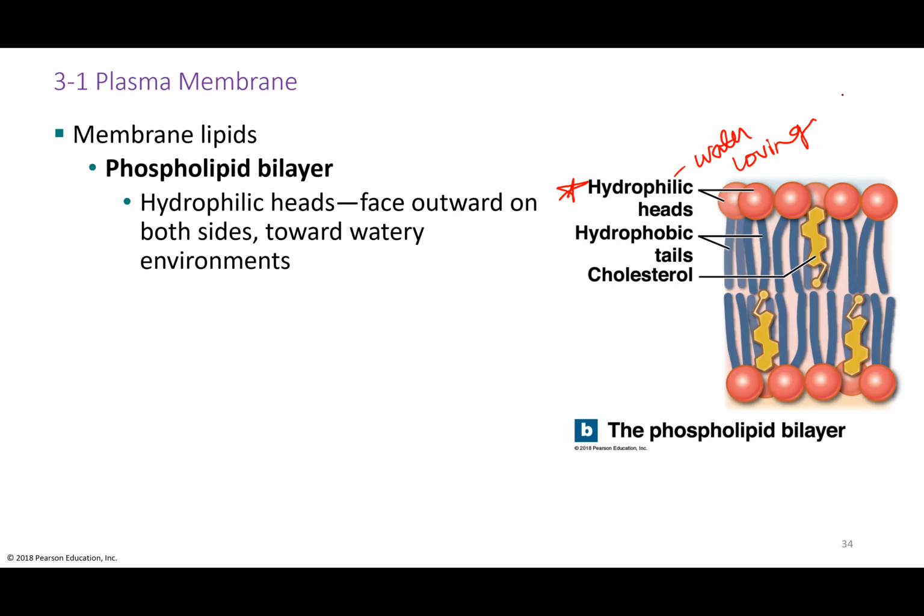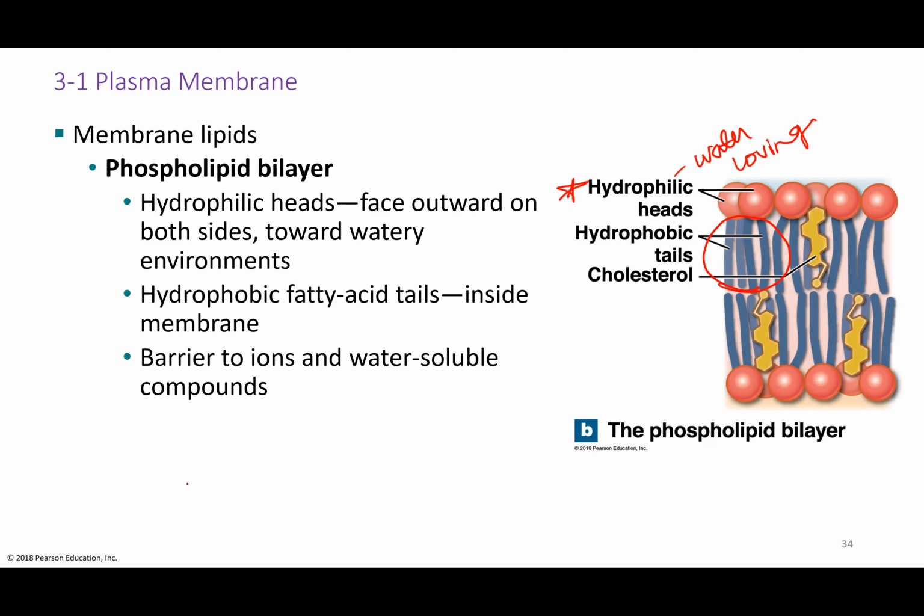So the hydrophilic heads that like water are facing towards the water. Then you have these hydrophobic tails, they're lipids, they repel water. So they're in the center of this bilayer, separated from the water. They form like the inside of your sandwich. So if the hydrophilic heads were the bread, the hydrophobic tails would be whatever you made your sandwich with.